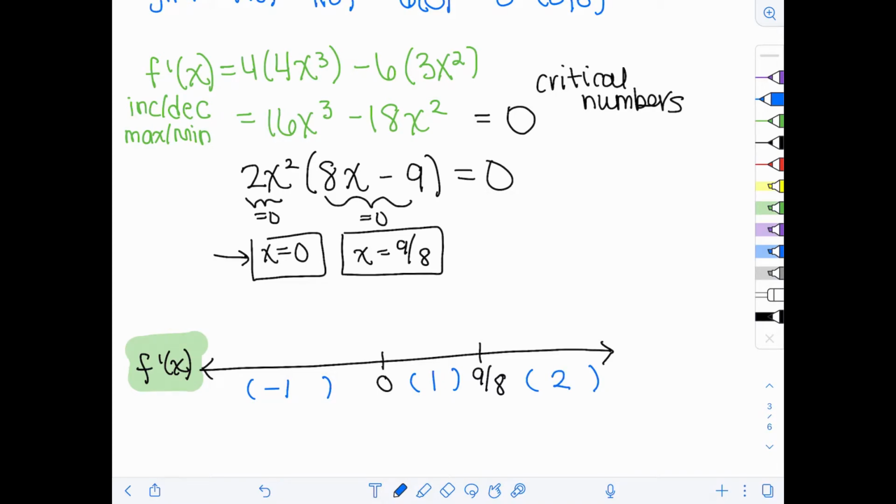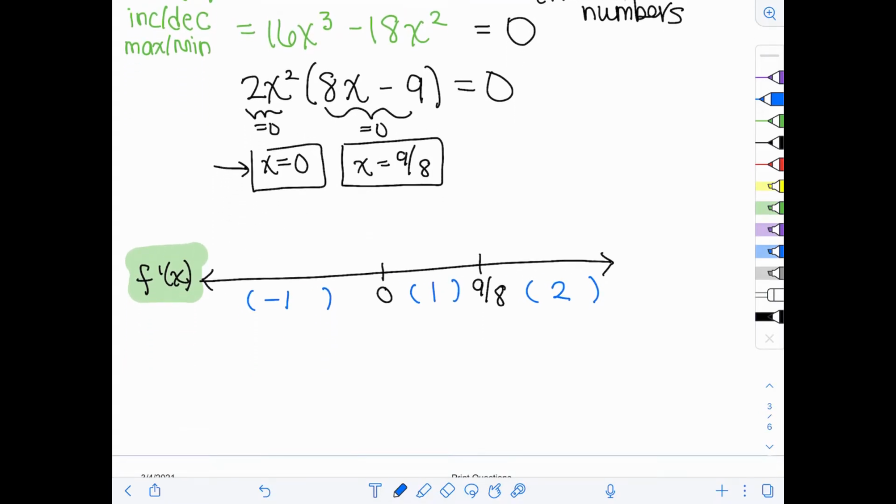You have a couple of options here. One option is that you just plug it into that entire derivative function. If I do it this way, I usually go with the non-factored form, f prime of x equals 16x cubed minus 18x squared, and just plug it in here.